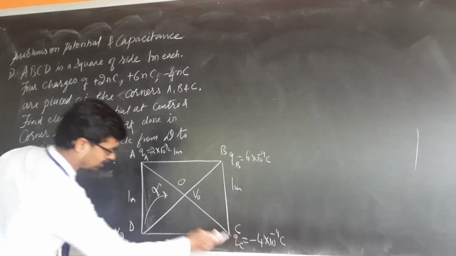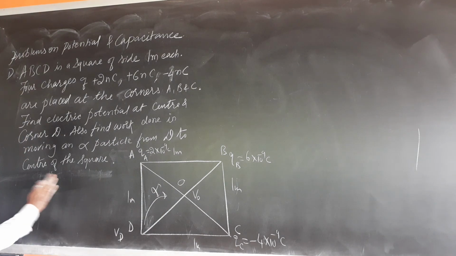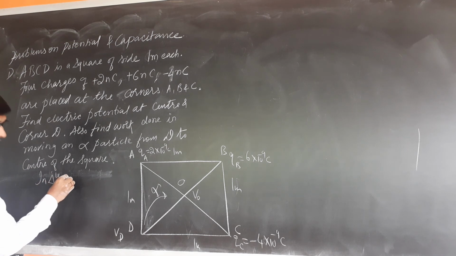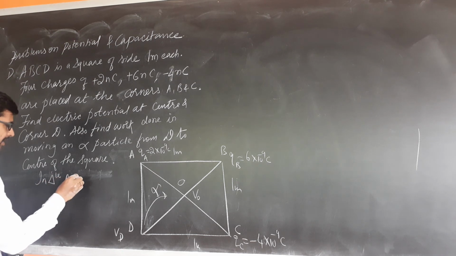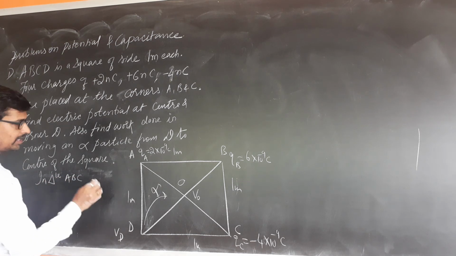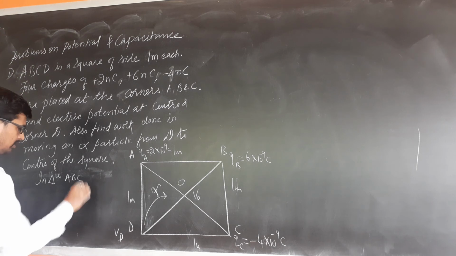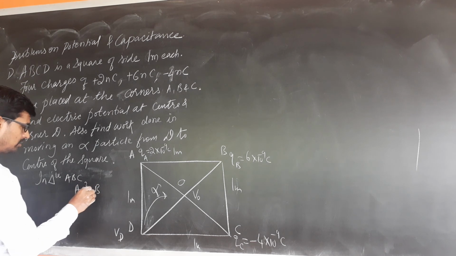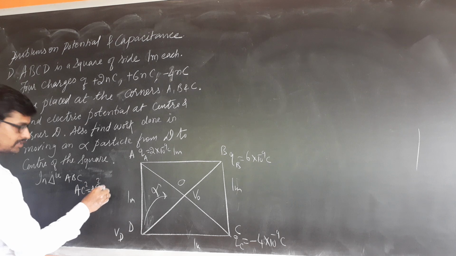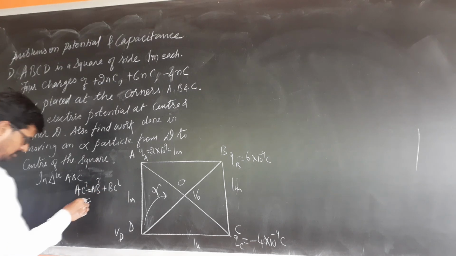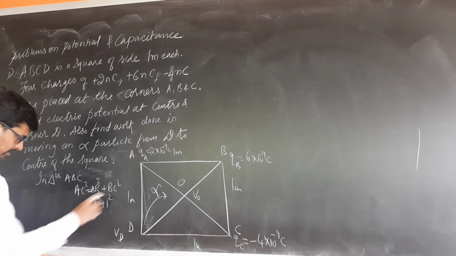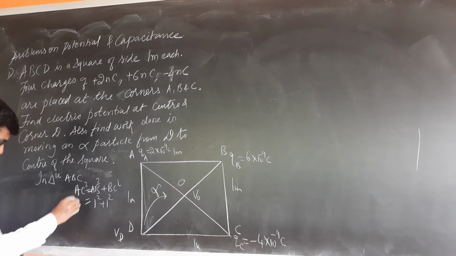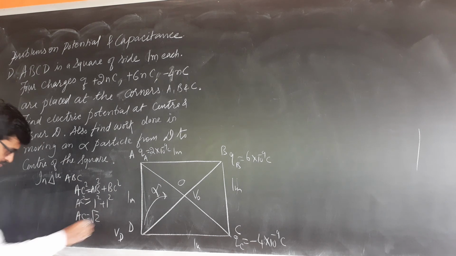What is AC? The diagonal. In the right angle triangle ABC, AC square is equal to AB square plus BC square, that is 1 square plus 1 square, as AB and BC are 1, so AC is equal to root 2.